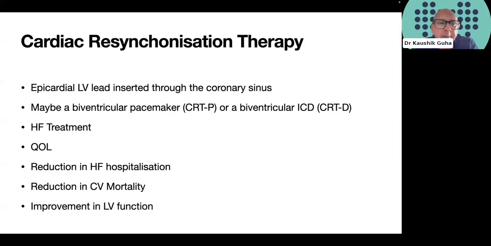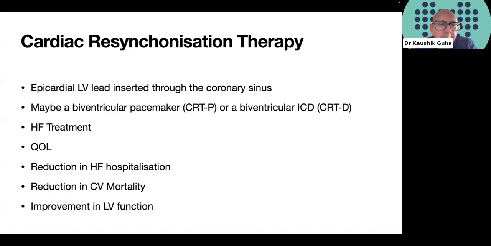So this may be a biventricular pacemaker, so there may be leads in the right ventricle and on the left side, or it may be combined with a defibrillator. So the lead in the right ventricle is a defibrillator wire or lead, and there is a left ventricular lead. And these are well-proven forms of device therapy to be heart failure treatments.